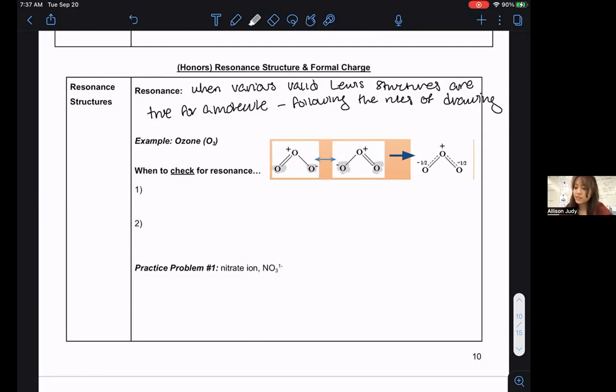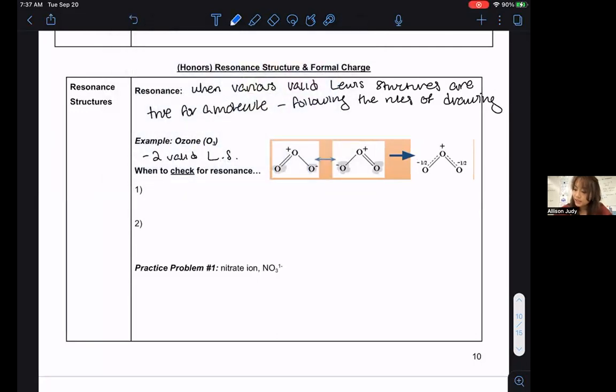And so resonance would tell us that there are 2 valid Lewis structures that we could draw following the rules. You could determine that the double bond goes on the left terminal oxygen or the double bond goes to the right terminal oxygen. And what resonance tells us is that the actual Lewis structure that we see is an average of these valid Lewis structures.